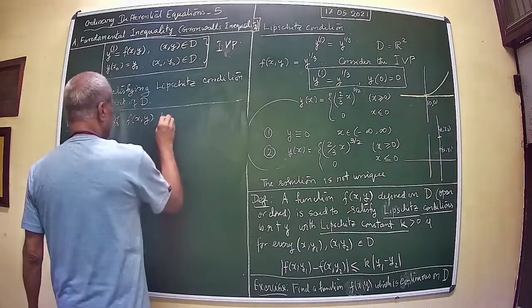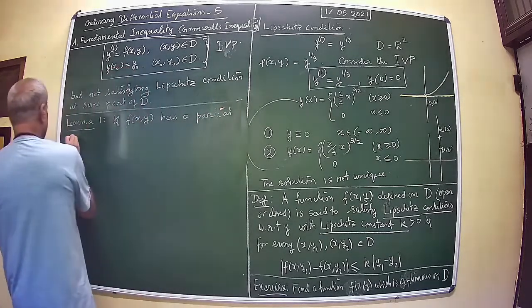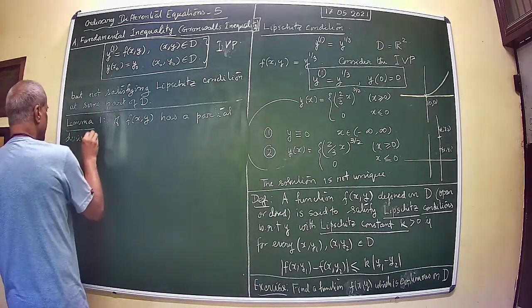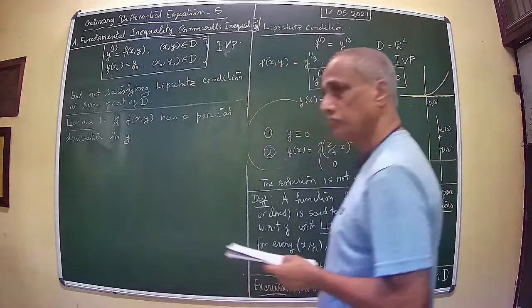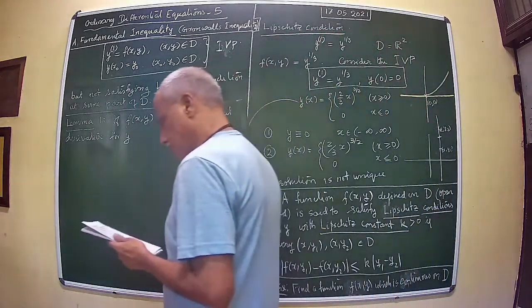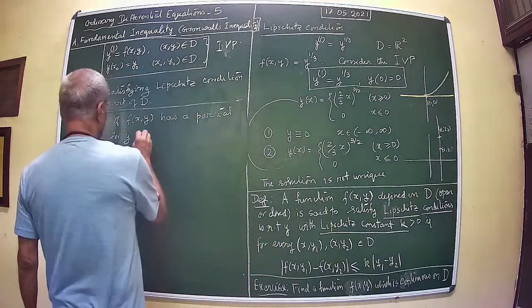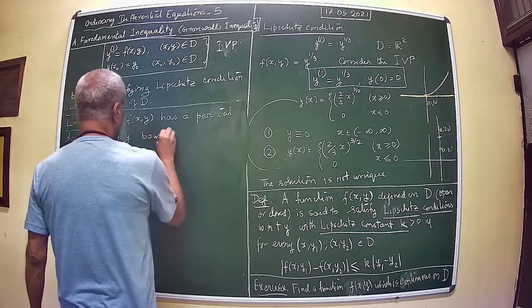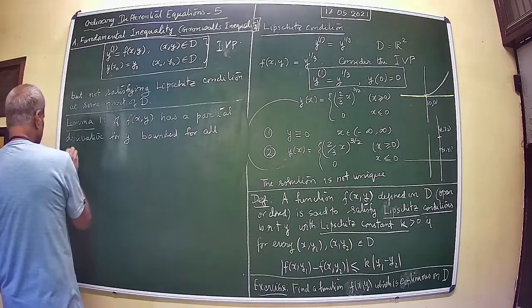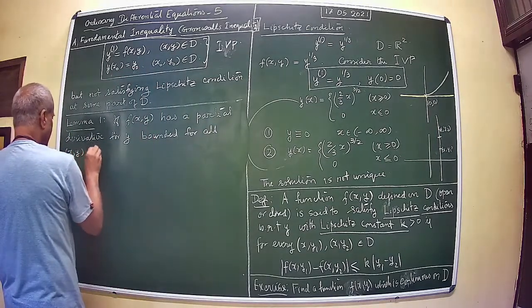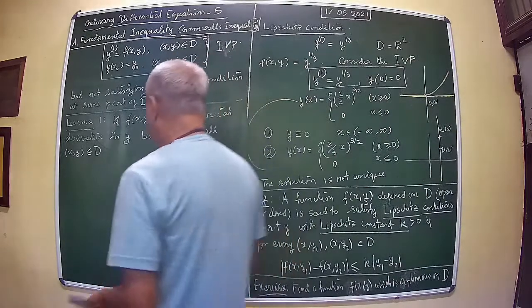Suppose f has a partial derivative with respect to y, bounded for all (x, y) belonging to D, and D is convex.